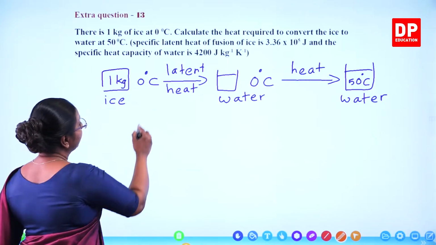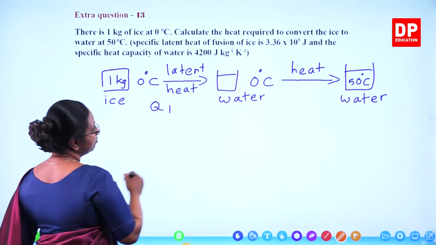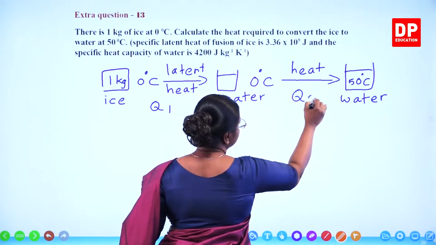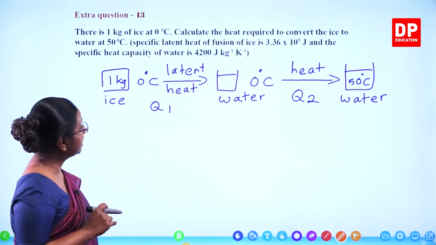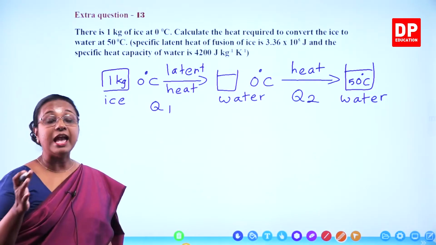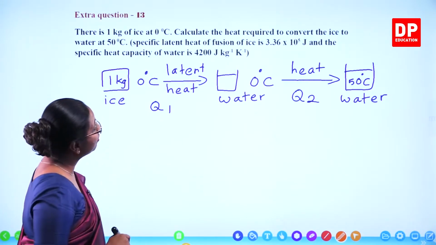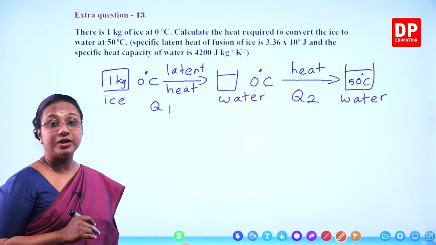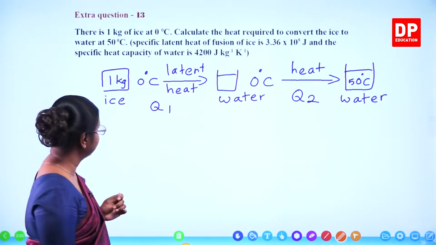So, we will have to calculate this amount of heat. I'll write it as Q1 and this as Q2. So, we will need to calculate both Q1 and Q2, and if we add them together, we will find the amount of heat required to convert the ice to water at 50 degrees Celsius.